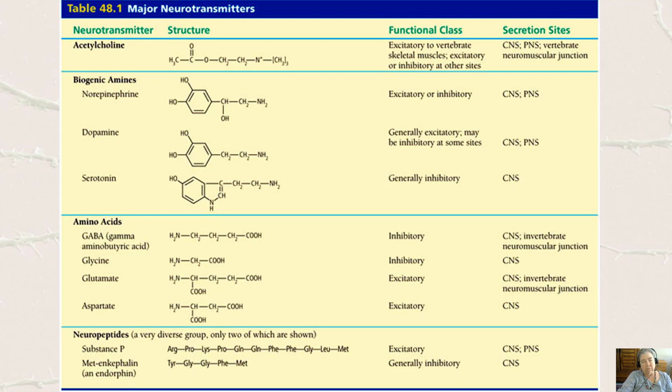Substance P, which is important in generating and transmitting pain signals, and enkephalin, which is an endorphin or endogenous morphine-like substance, which actually inhibits the perception of pain signals. So, those are just two examples.